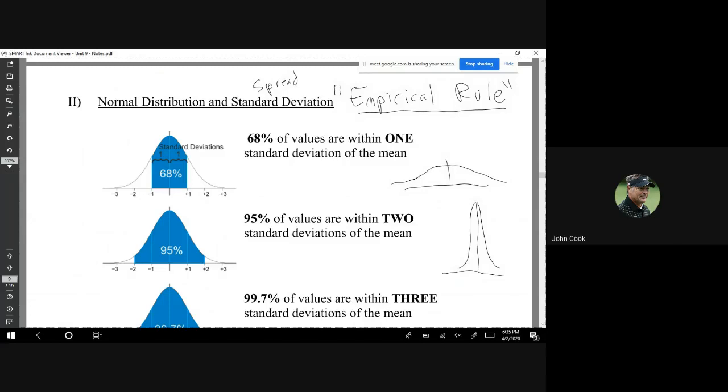But the empirical rule allows us to use a normal distribution no matter what the standard deviation is relative to the mean, and it tells us a certain percentage of the data that's within these different standard deviations. So 68% of the data in a normal distribution is within one standard deviation of the mean. If I were to calculate the standard deviation, it's that little sigma x that we see in our calculator, or you can use the formula for the standard deviation.